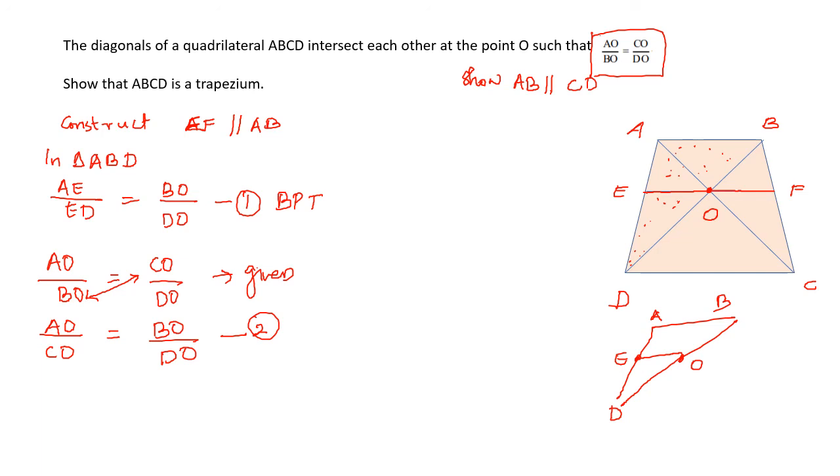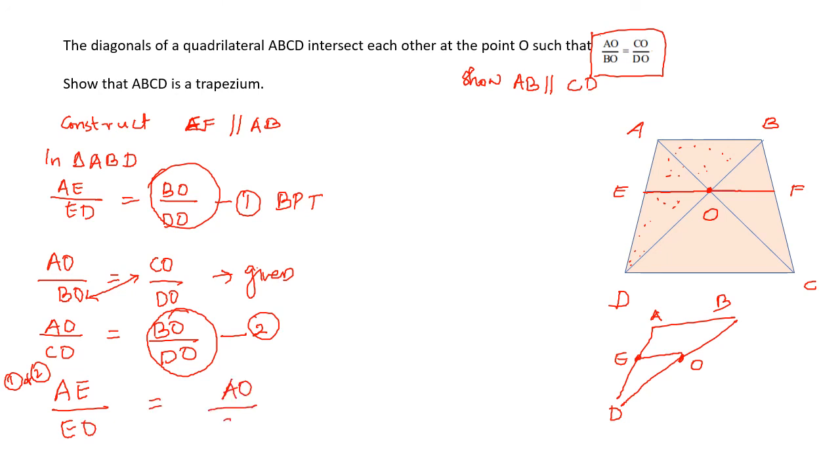Now you see the first equation and second equation, BO by DO is on the right in both. So from this you get the left hand sides are equal. From 1 and 2 you get AE by ED is equal to AO by CO. AO is this side, CO is this side.